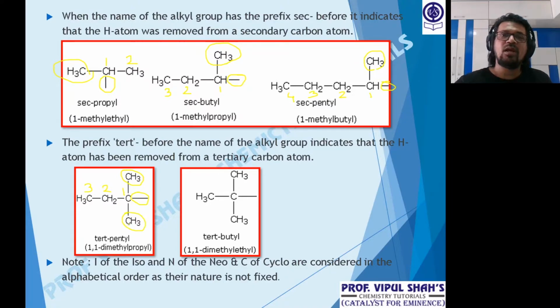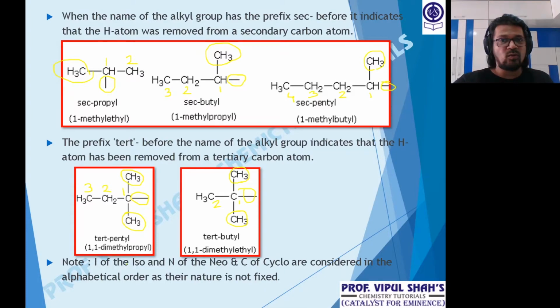So this will be 1,1-dimethyl, skeleton of 3, propyl. Clear everyone how this is? See the next one now. That's tert-butyl. So this will again be 1 because from here the valency is short. So this is 1, that's 2. So this will be 1,1-dimethylethyl. There are 2 methyl groups, so 1,1-dimethylethyl.